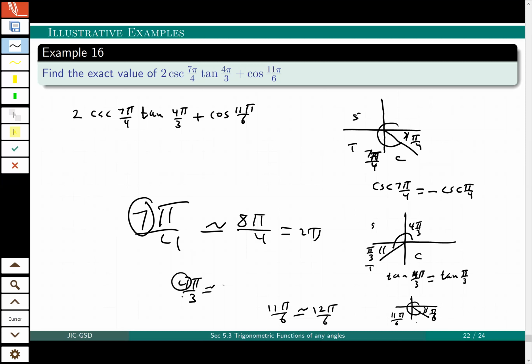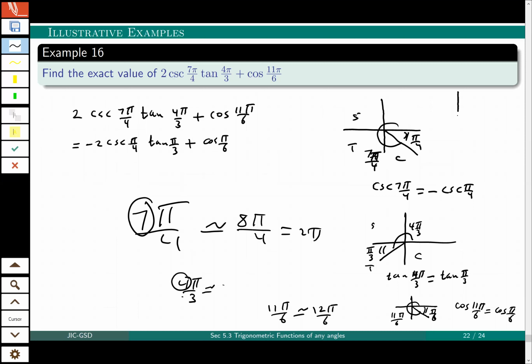So by STC, cosine 11 pi over 6 is the same as cosine pi over 6 because in quadrant number 4, cosine is positive. So I have cosecant is negative, so it is equal to negative of cosecant pi over 4. Tan is positive, so tan pi over 3. Cosine is positive, so plus cosine pi over 6.